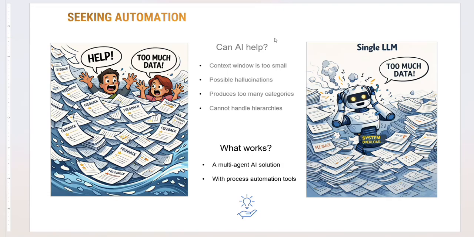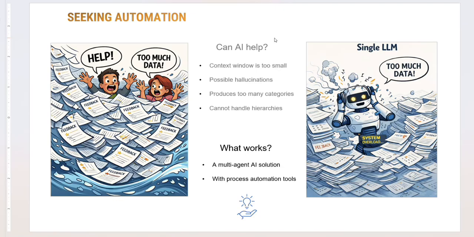First, the context window is too small and the data might not fit there. If you have tens of thousands of feedback data that you need to process, you will not be able to squeeze it in. If you manage to somehow squeeze it by maybe doing sampling or something like that, you can encounter possible hallucinations of the system because LLMs, they tend to invent issues that are not in the data.